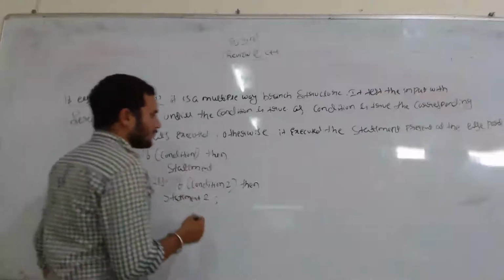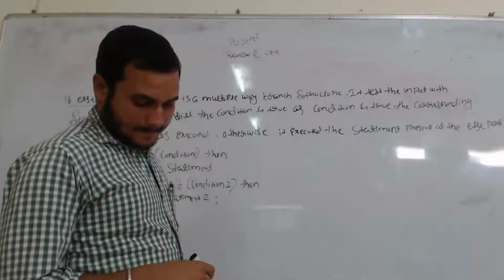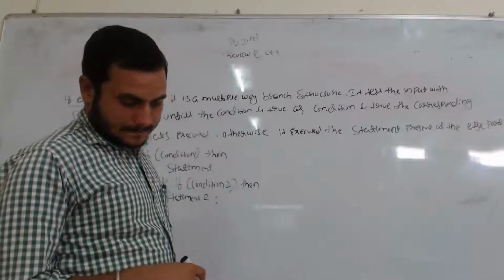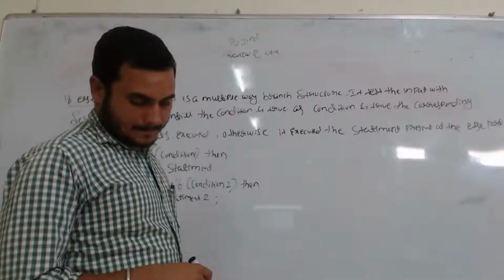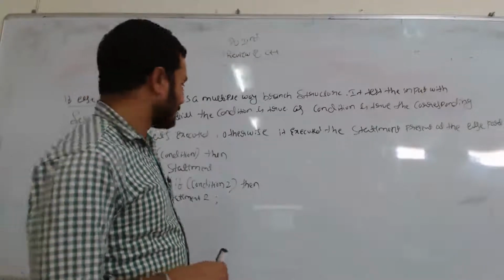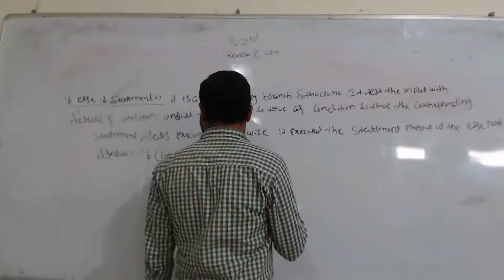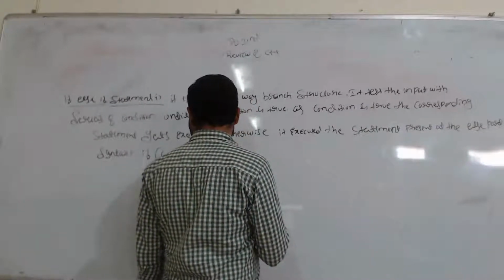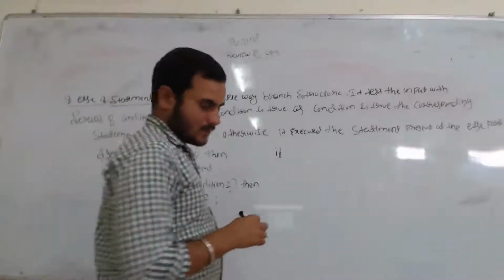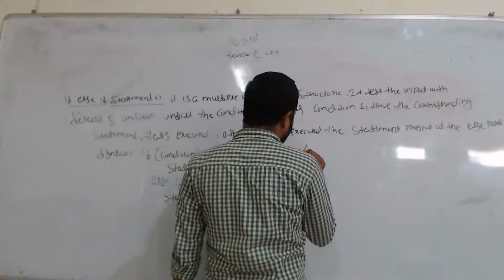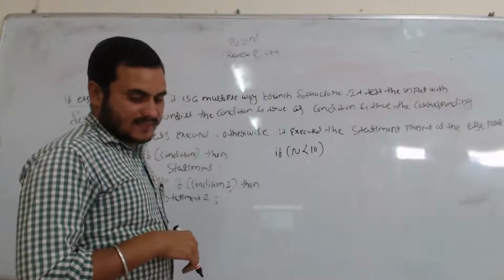For example, here: if n less than 10, print single digit number.